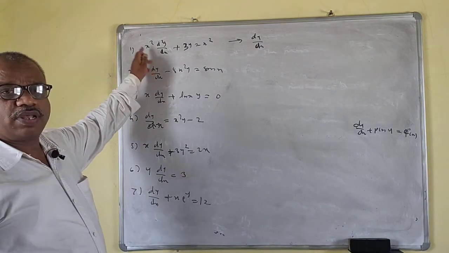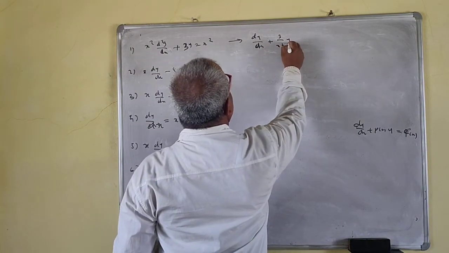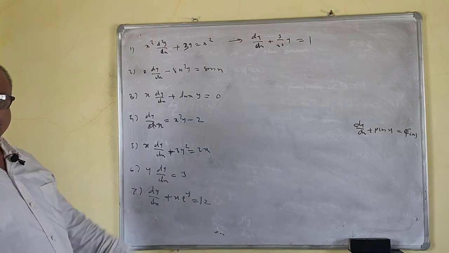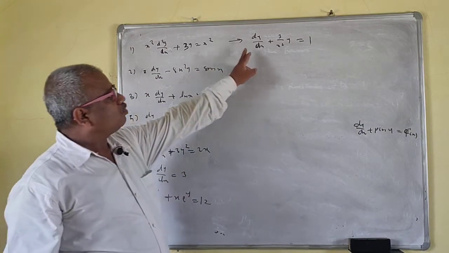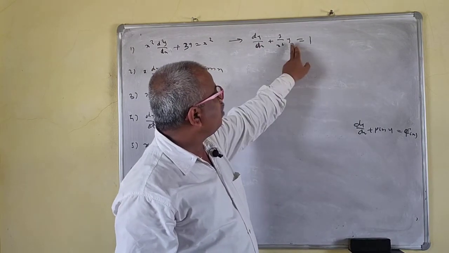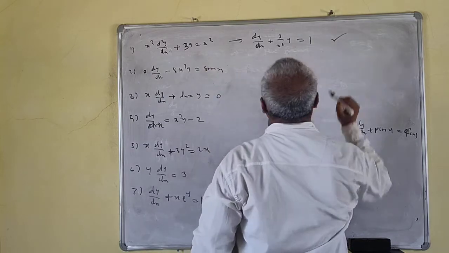I divide by x square, so plus 3 upon x square times y is equal to 1. 1 is a constant, a function of x, whatever. So this is of the form dy/dx plus p of x times y is equal to f of x, so this is a linear differential equation.